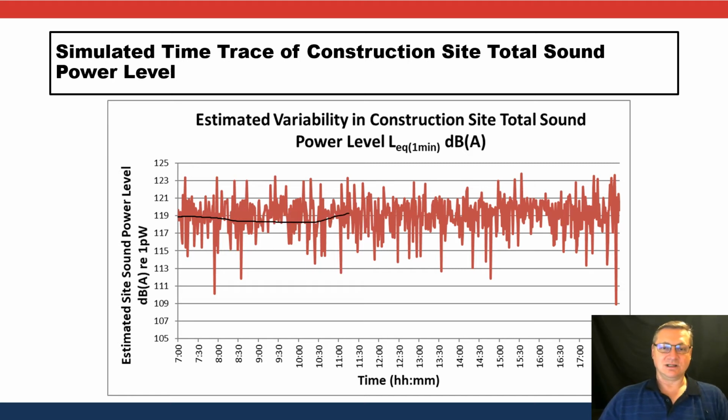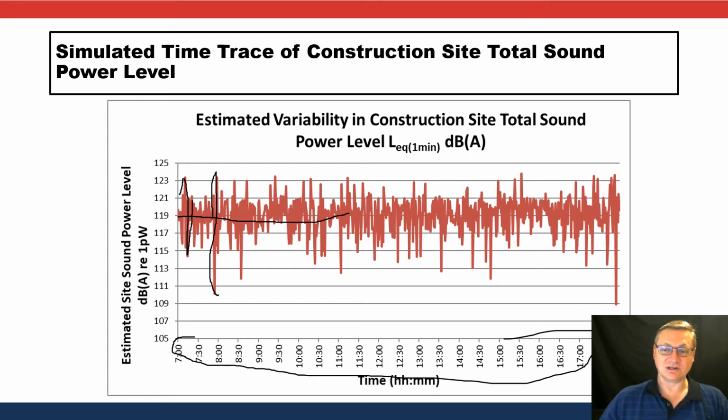And you can now start to appreciate the power of this method, because you can imagine peaks and troughs in the sound emissions from a site where some of the noise sources are turning on and some of them are turning off at any moment in time. So you can pretend that it is actually a timeline. And if you did 1,000 iterations and you considered each iteration to be a minute, then you would get a typical day's worth of noise emissions.